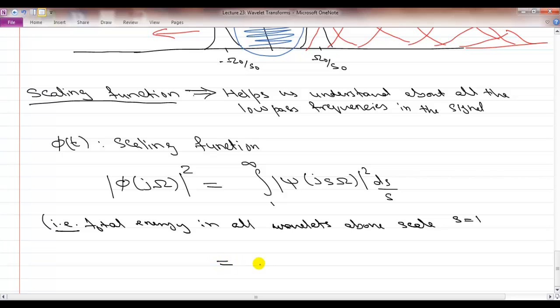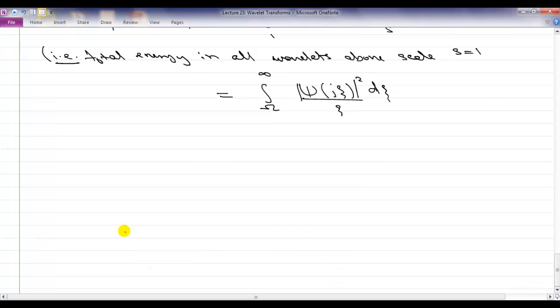You can further simplify that through a simple change of variable, and you can get the integral from omega to infinity of psi of j theta absolute squared d zeta over theta. And as I said earlier, pick any phase for this.